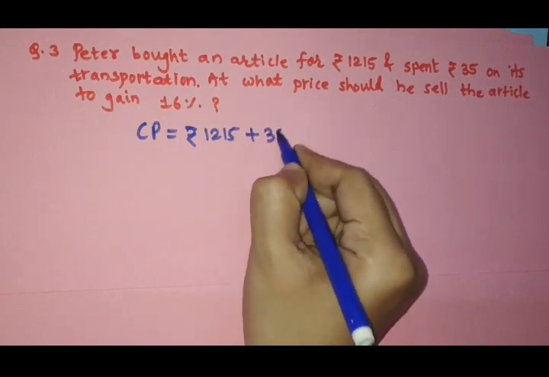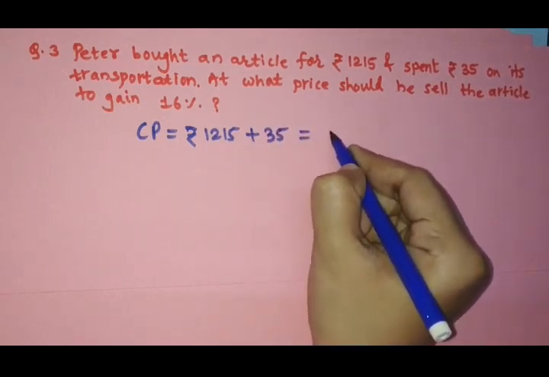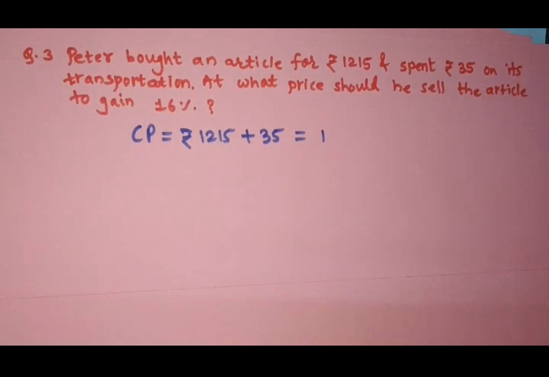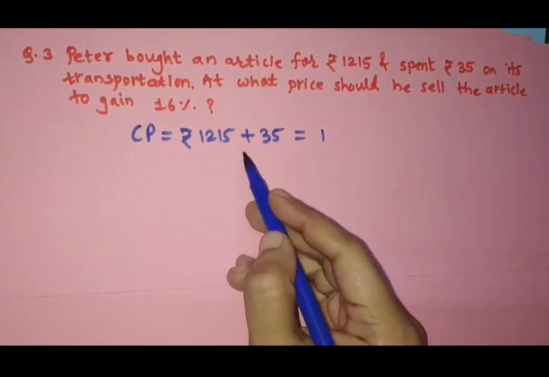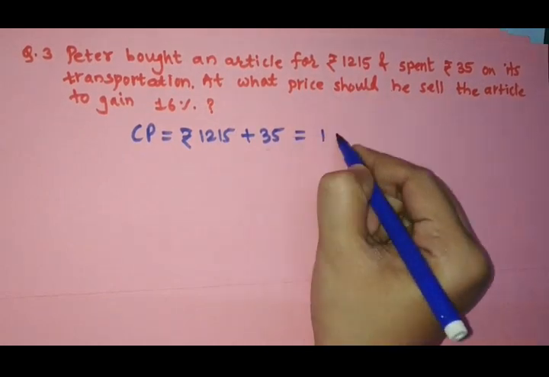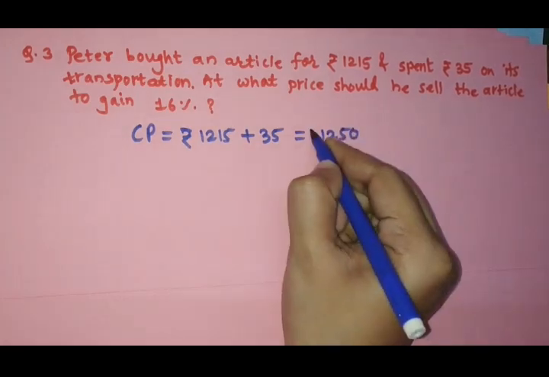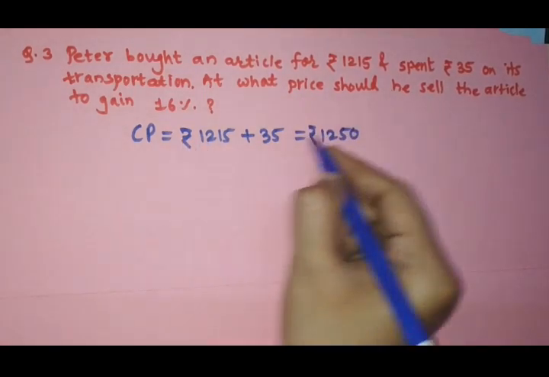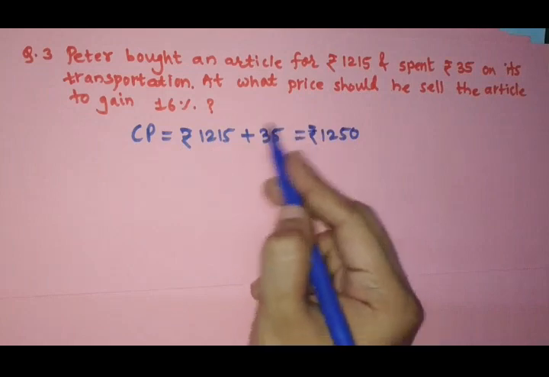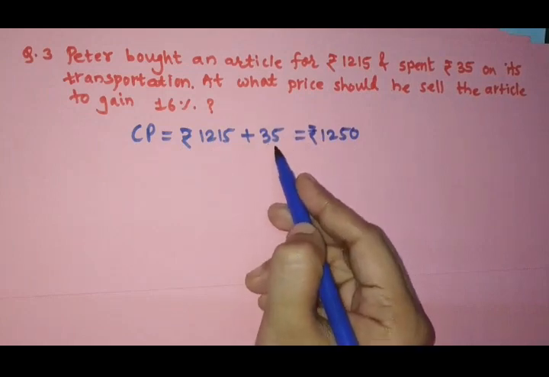We'll add 35: 1215 plus 35 will get 1250. So this is the actual cost price after adding the transportation, which is an overhead expense.